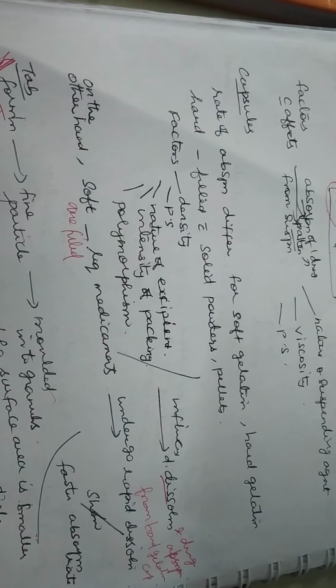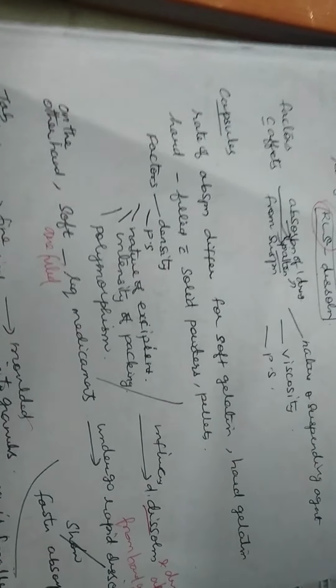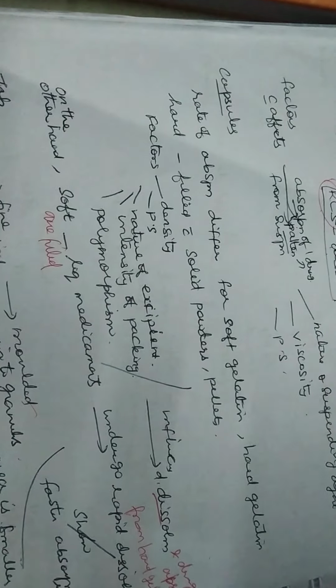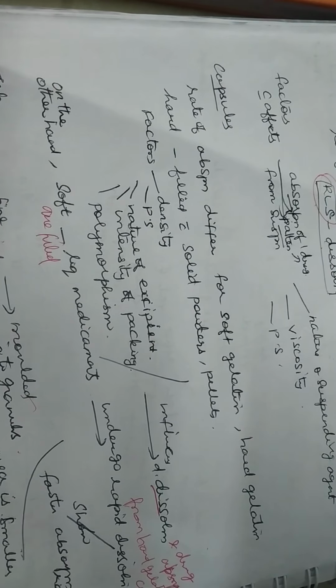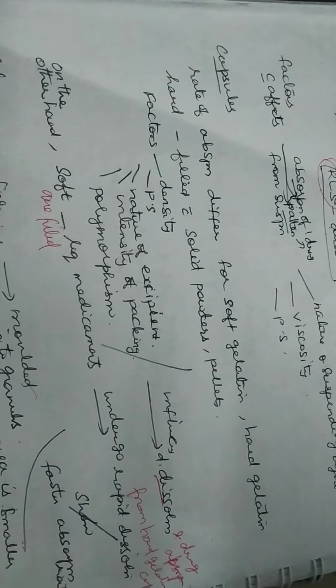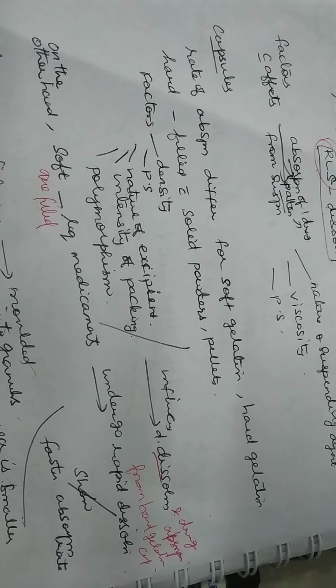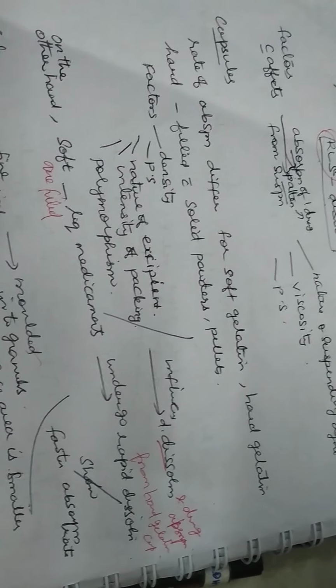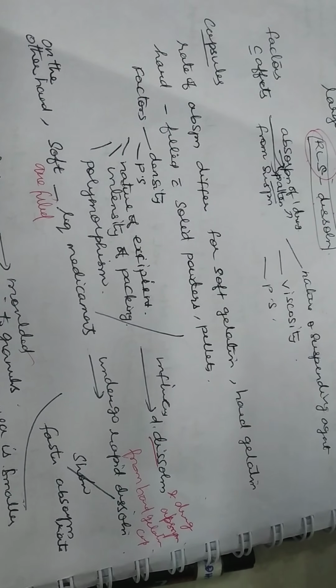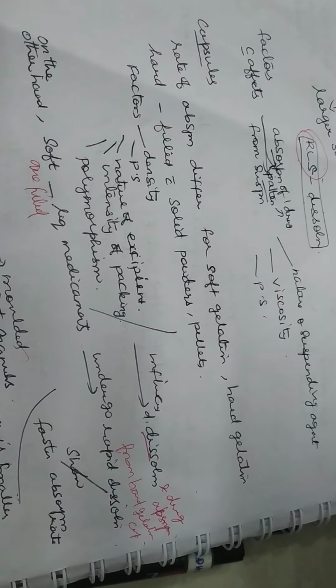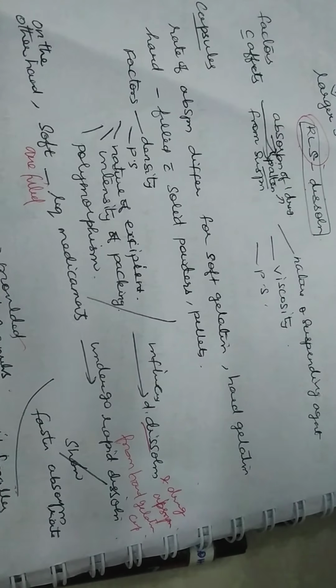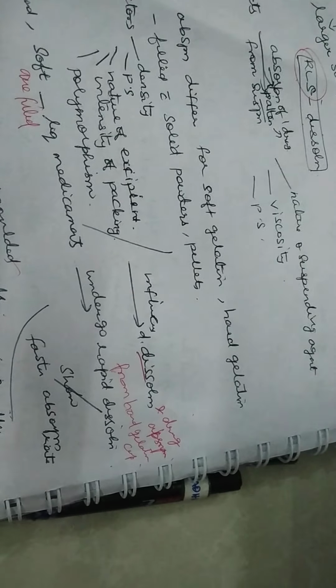Hard gelatin capsules are usually filled with solid powders and pellets. So factors like density, particle size, nature of the excipient, intensity of packaging, and polymorphism are all factors which influence the drug dissolution.